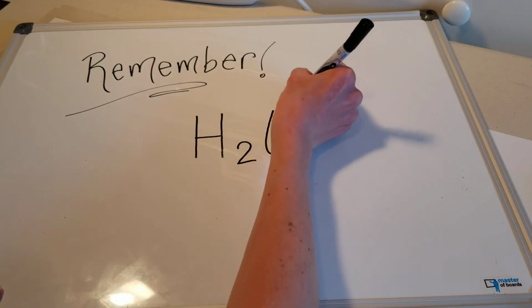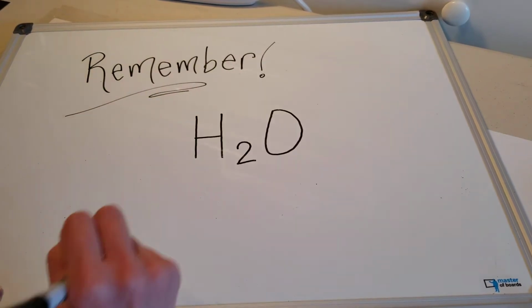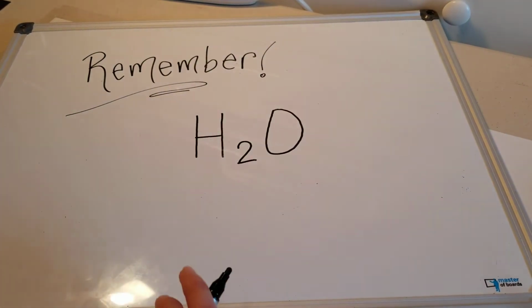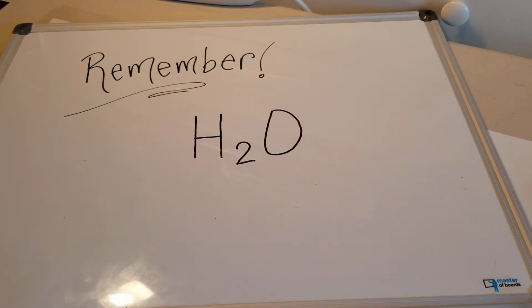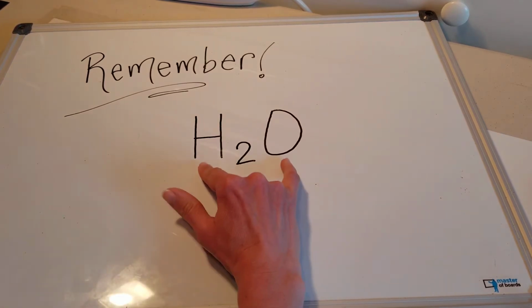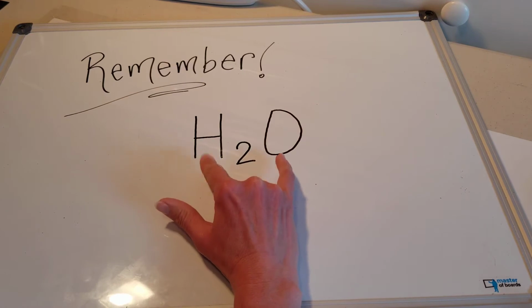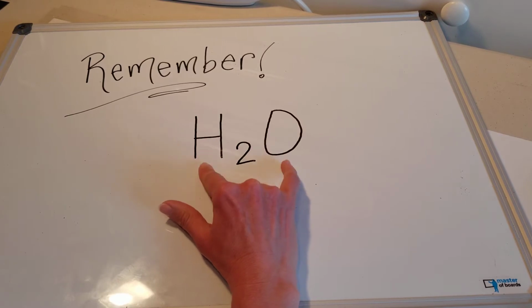I believe it was in lesson 3. So when we're reading the formula for water, we're looking to find out how many atoms are in that molecule. One thing that we do is we look for how many atomic symbols are in the actual formula itself. That tells us that we've got 2 different kinds of atoms happening.